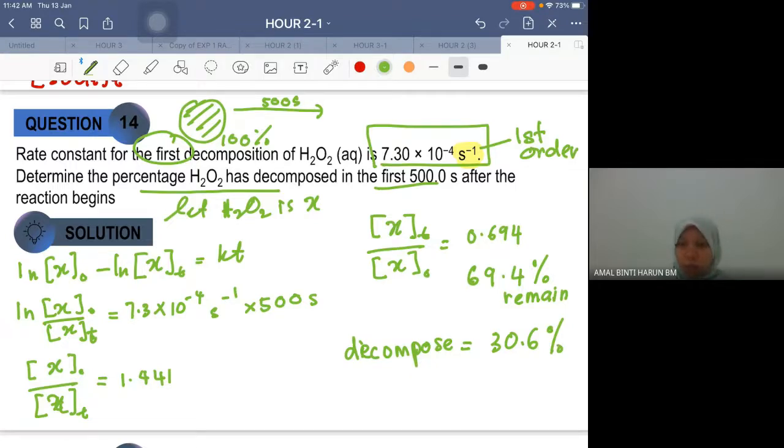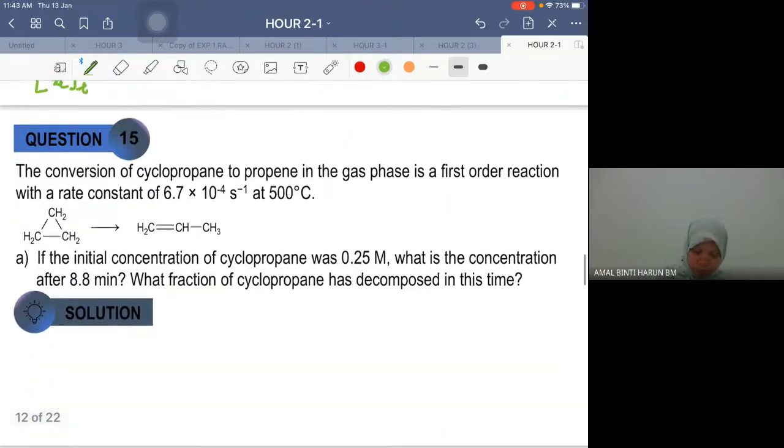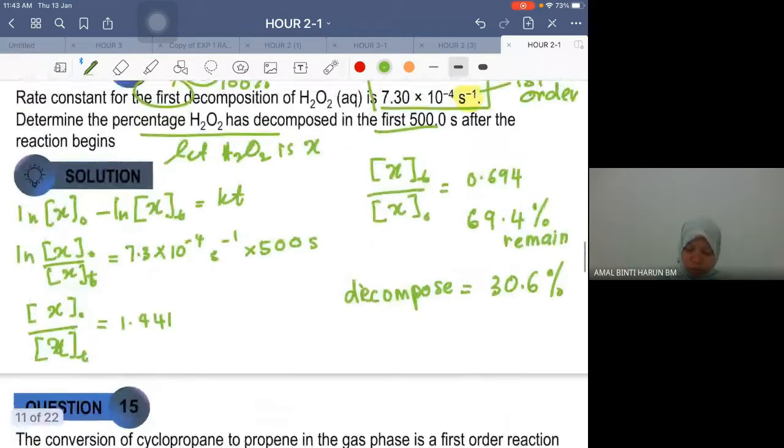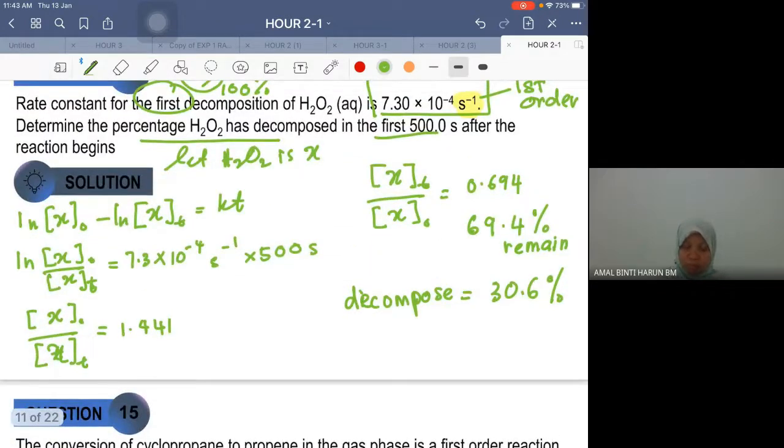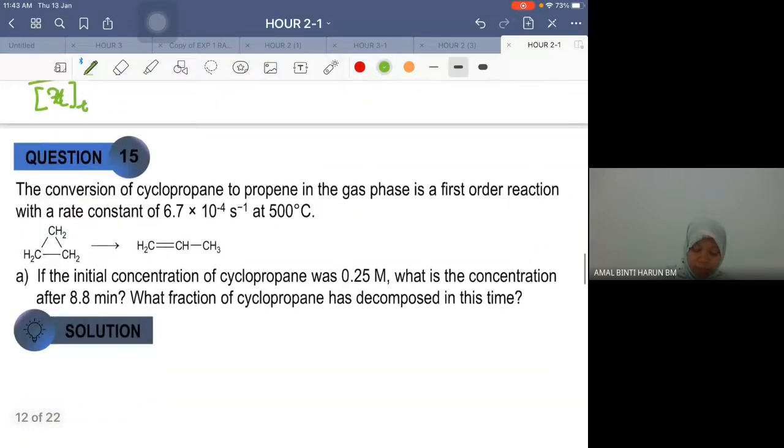Okay, ada soalan? Kalau ada soalan boleh raise hand kat situ. Maksudnya selepas 500 saat, sebanyak 30.6% telah decompose, yang tinggal 69.4% saja.